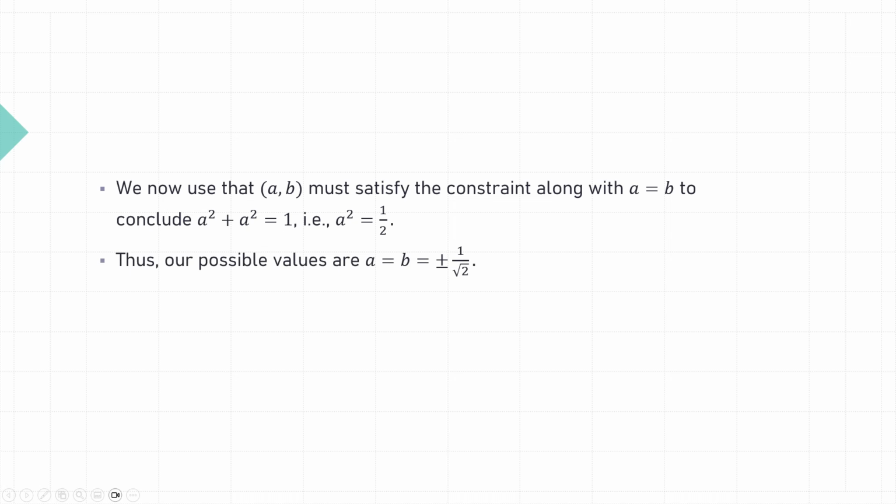Since I take a square root, I get a plus or minus, and I get 1 over square root of 2. So that means my possible points that can give maximums and minimums here are 1 over square root of 2, 1 over square root of 2, and negative 1 over square root of 2, negative 1 over square root of 2.